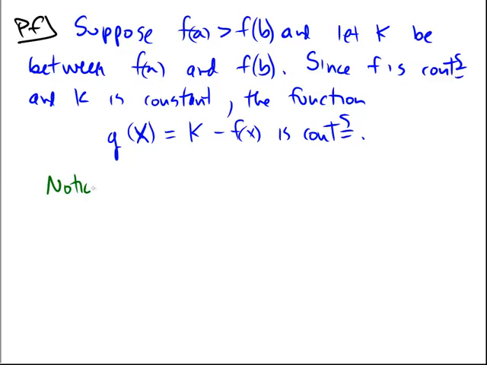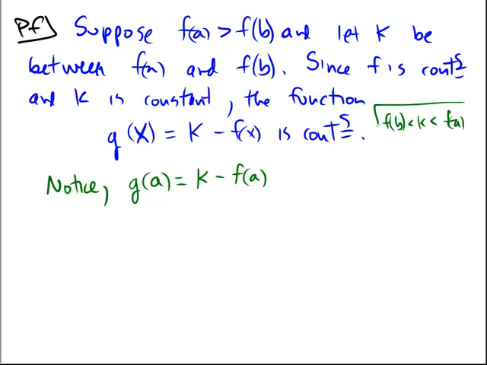Okay, now what do we notice? Well, what is g of a? g of a would be k minus f of a. But remember, we assumed that f of a was bigger than f of b and that k is between them.